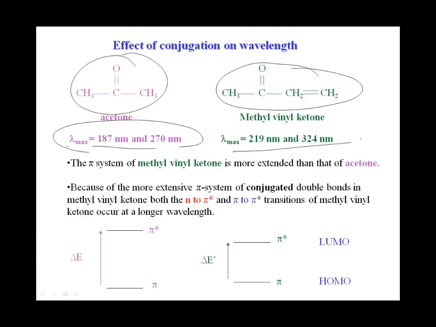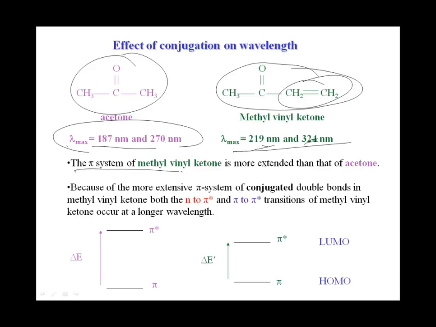What you find for methyl vinyl ketone, a very similar molecule where you just added another CH2 here, is that in the UV visible spectrum these two bands again occur, but now they've moved to higher wavelength or lower energy.